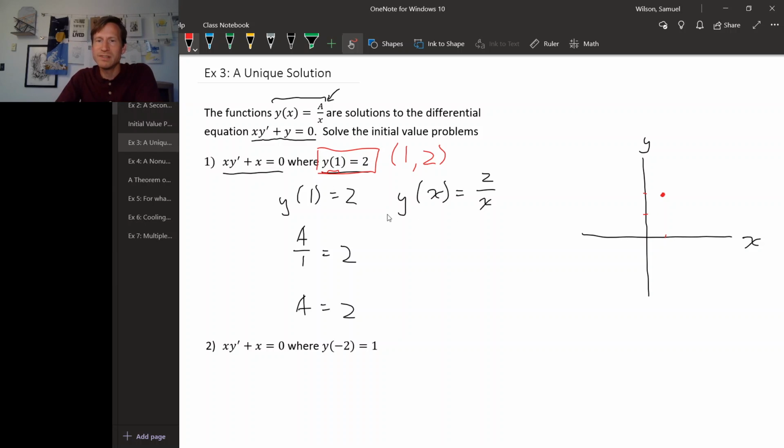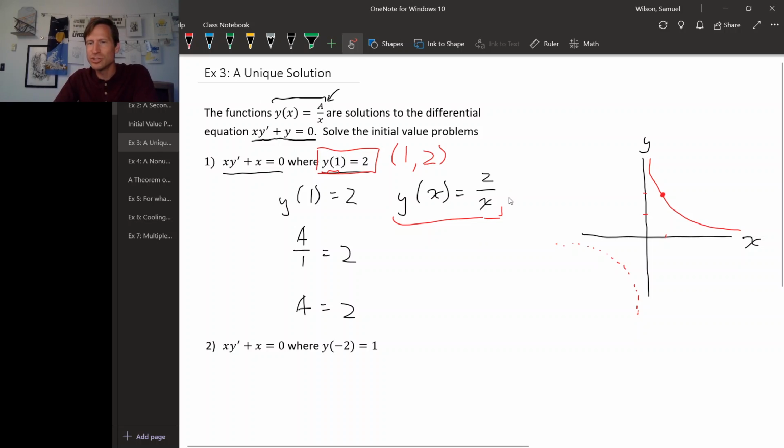Okay, so when we sketch the graph of our solution, we can only keep the piece of the graph that is continuous and goes through this point. So 2 over x looks something like this. And although the graph of this function, 2 over x, does have another piece down in the third quadrant, that is not part of our solution because it isn't continuous with the part of the graph that goes through our initial value.